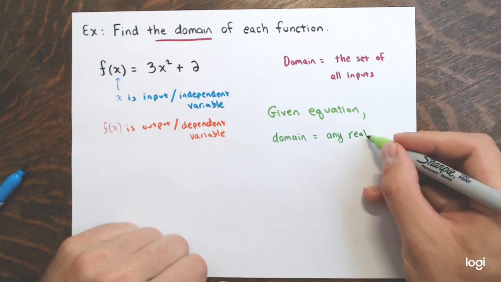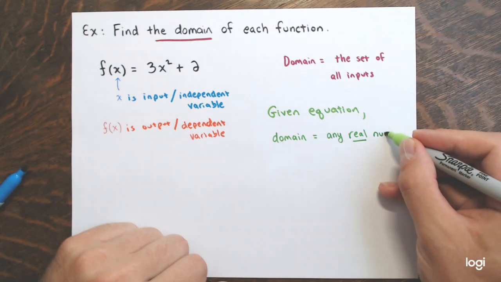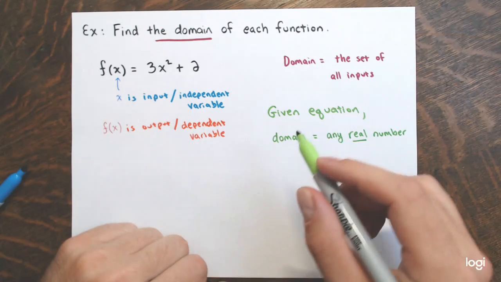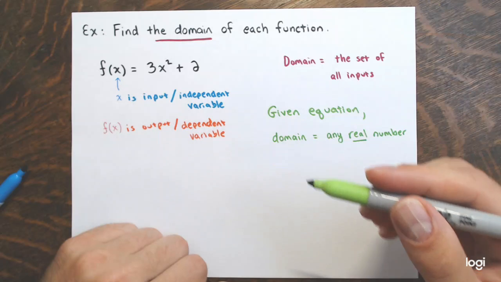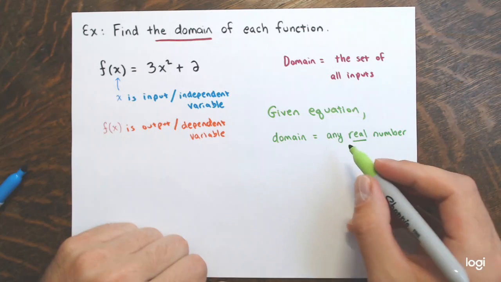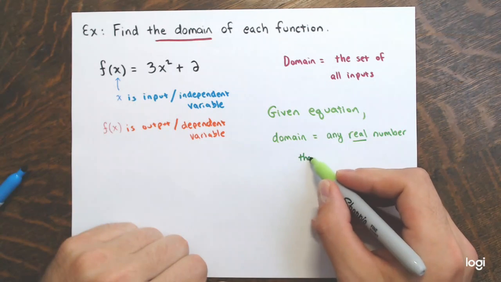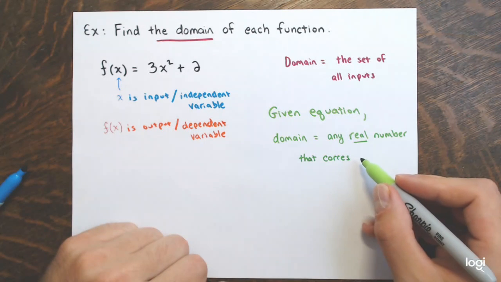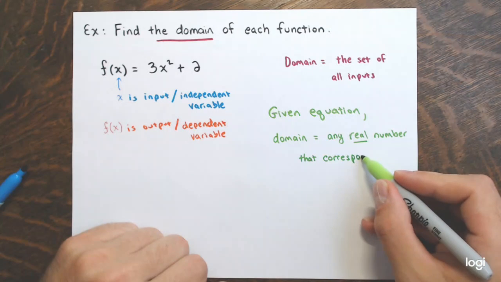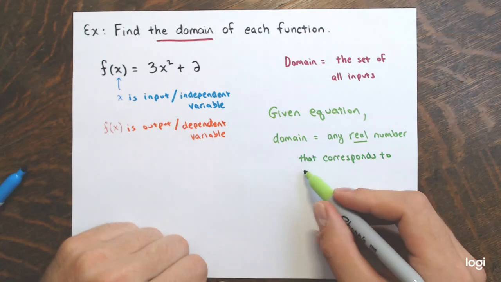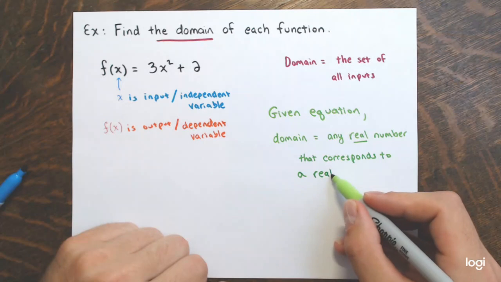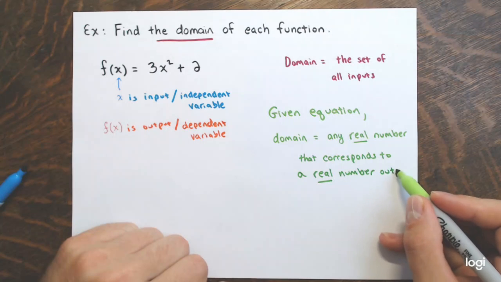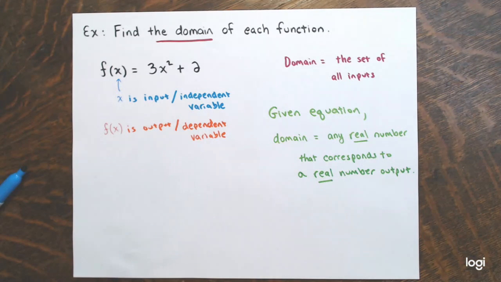Any real number, or anything on the real number line, and in most cases that would be the x-axis, and the y-axis represents possible values in the range. But any real number that corresponds to a real number output, or corresponds to a real number in the range.